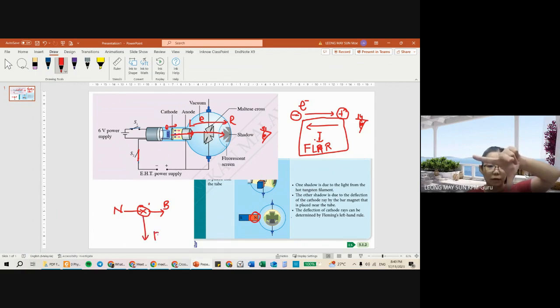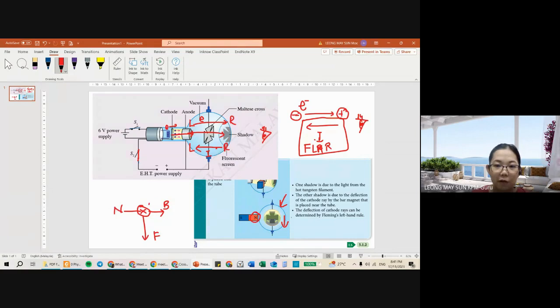So this is the direction of the force. That's the reason why, in this case, the shadow moved down. The electrons are moving from left towards right, but the current is moving right to left.